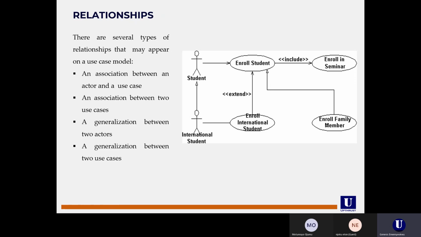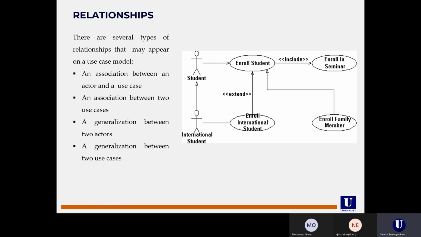Let's say we have use case A, and then we have use cases B, C, and D. If use case A and use case B have an extend relationship, it means that when use case A occurs, the next thing that happens is use case B. But we can choose to ignore use case B and go ahead with use case C and use case D. That's when there's an extend relationship.